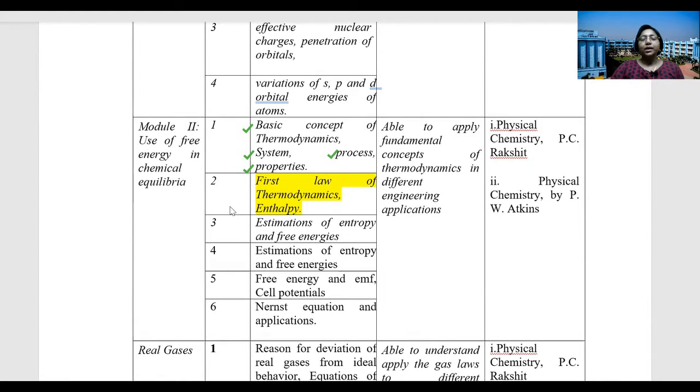So today I will cover the first law of thermodynamics and enthalpy.